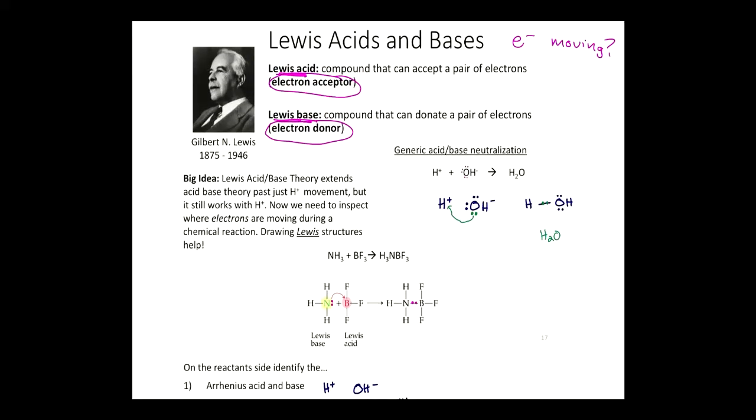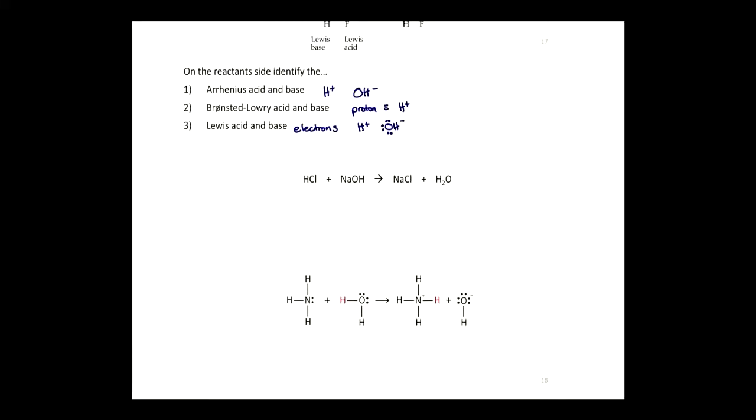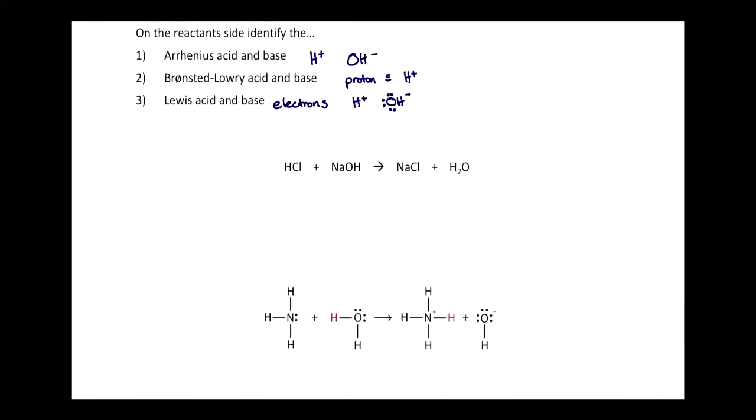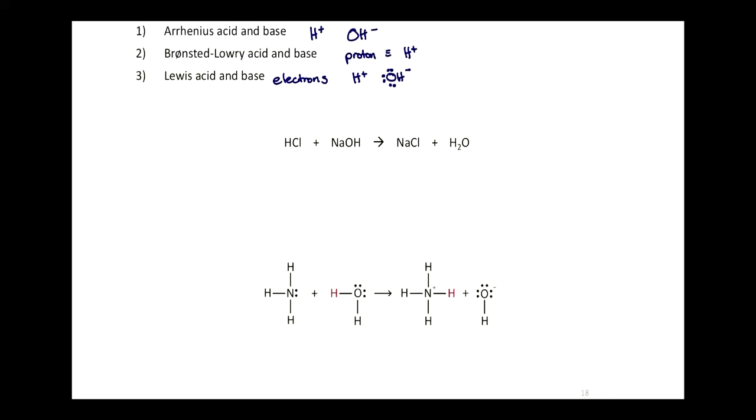Okay, so let's do an example of thinking about our three different definitions, Arrhenius acid-base, Bronsted-Lowry acid-base, and Lewis acid-base, in two different reactions. Let's identify the Arrhenius acid and base of this first reaction.